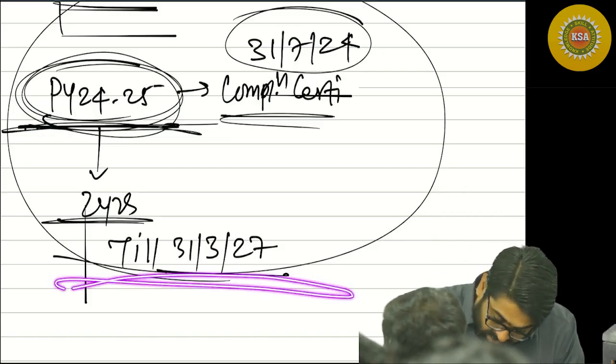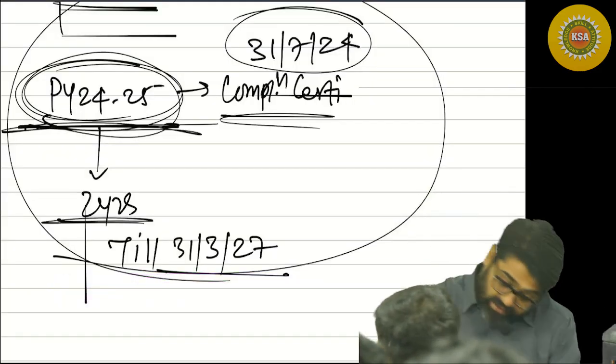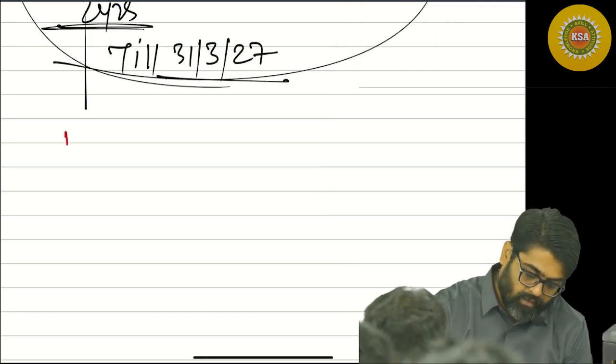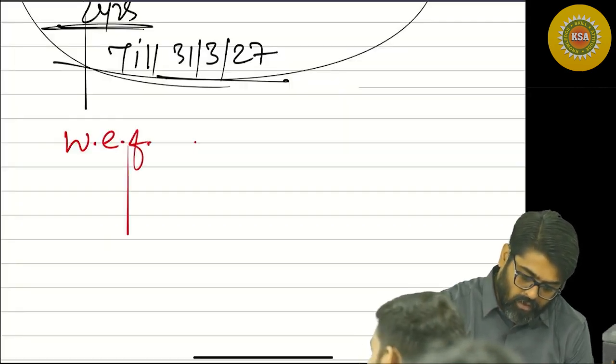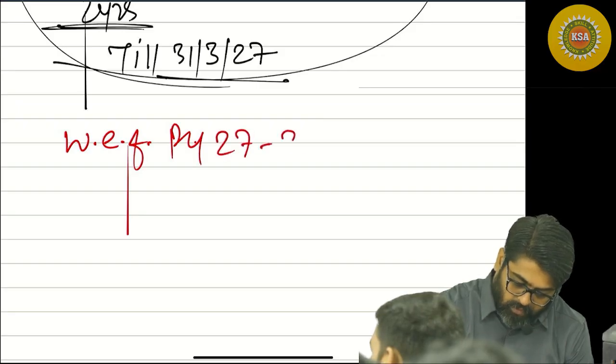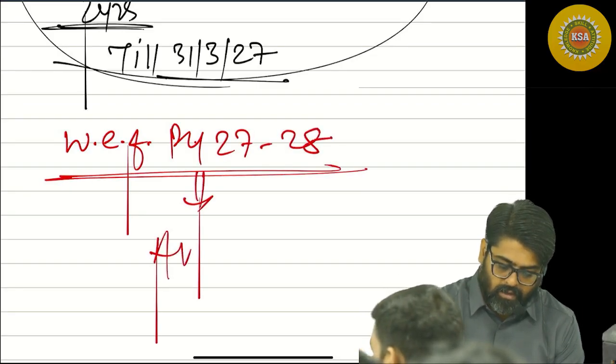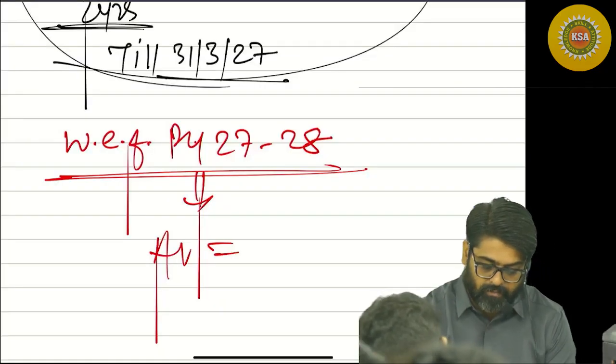But if this period is also over and now you still have the property, so can I say with effect from previous year 27-28, now the annual value will be exempt or will not be exempt?